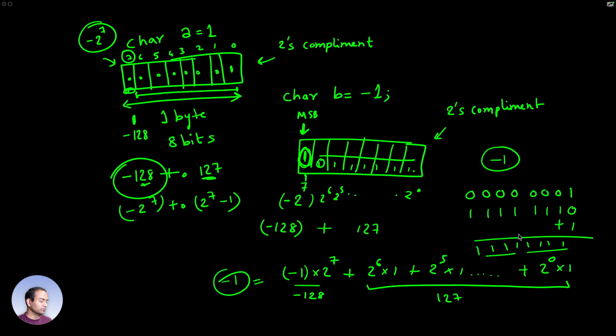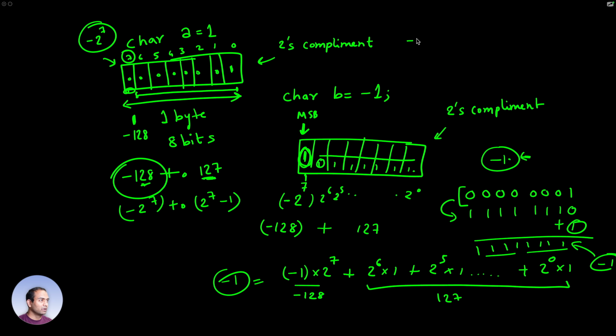So these are 4, these are 4. So this number here is representing -1 as noted here. So you take the positive part of the number, you flip all the bits, and then once you have flipped all the bits, you add a 1 to it.